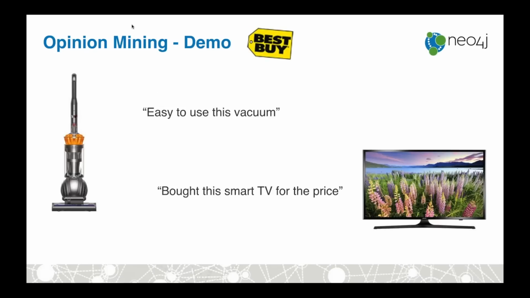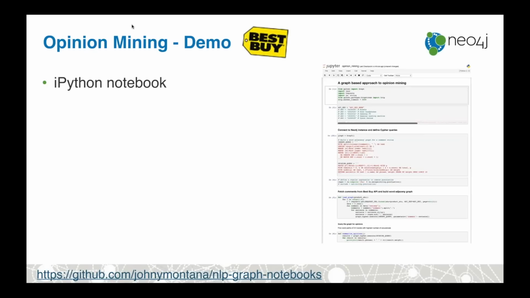Easy to use this vacuum for the Dyson. Bought this smart TV for the price for another Samsung TV. So this approach works better for some products than others, but I think these all sort of make sense. And again, the code for this example is in that same GitHub repository that I linked to earlier, in the form of an IPython notebook.